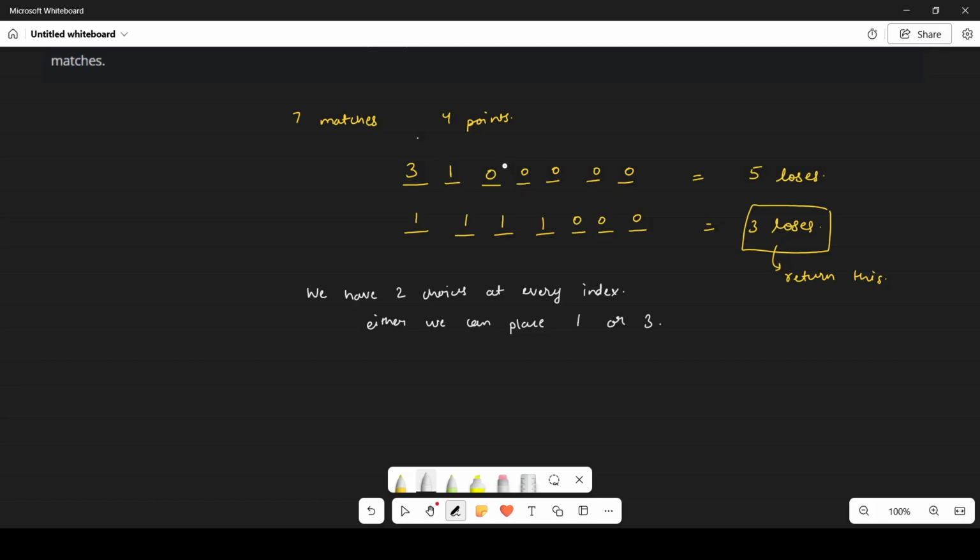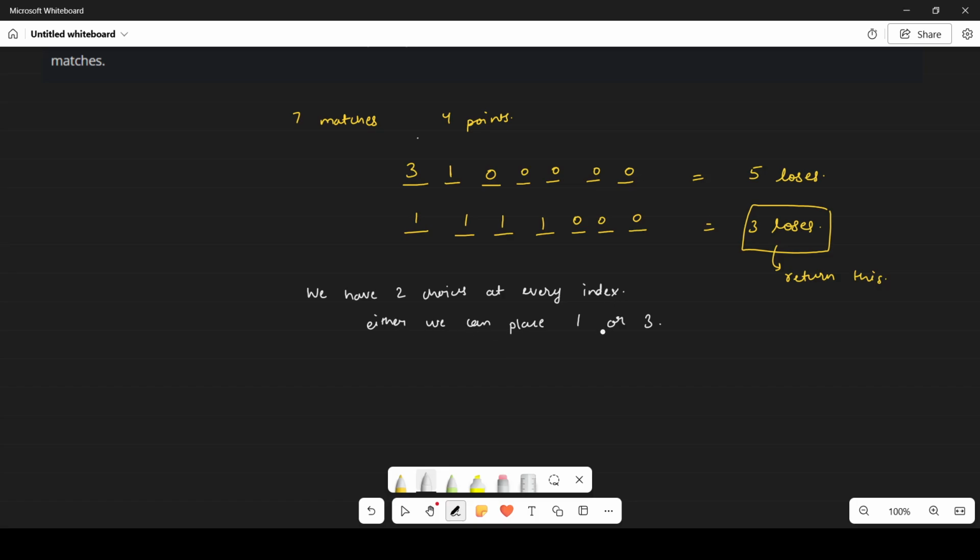Like in this case we are not able to place any 1 or 3 here, because if we place 1 or 3 here, then our number of points will exceed 4. That's why we have to place a 0 here and till the end. Similarly here also we have to place 0 only from this position till the end of the array. So that's why we have two choices at every index.